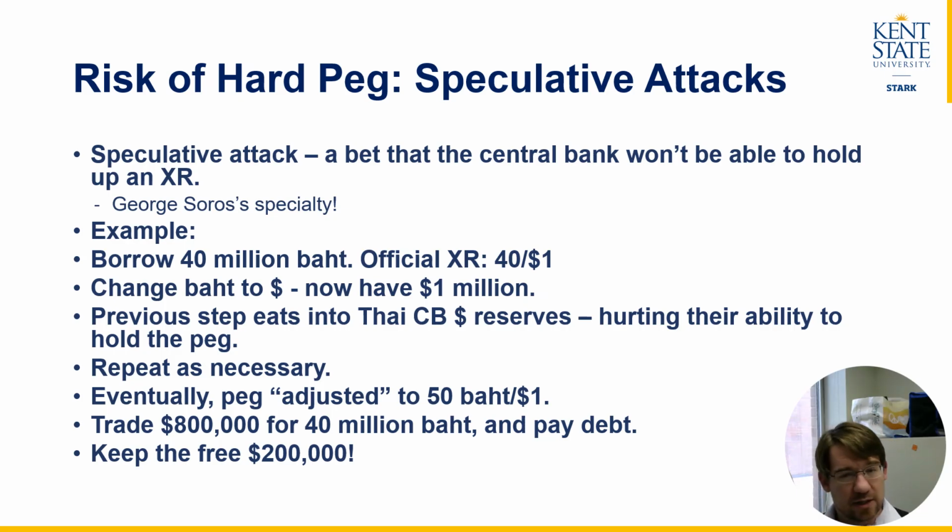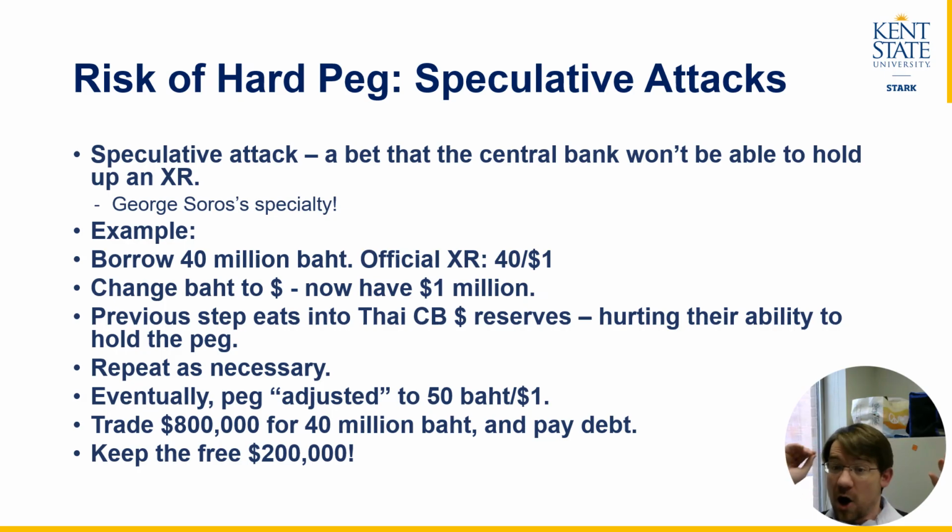And so just to work this all out again, to make sure that we're following. 40 million baht, convert to $1 million. I still have that 40 million baht loan, and I have $1 million on hand. Then the currency exchange rate changes, so it's 50 baht to the dollar.